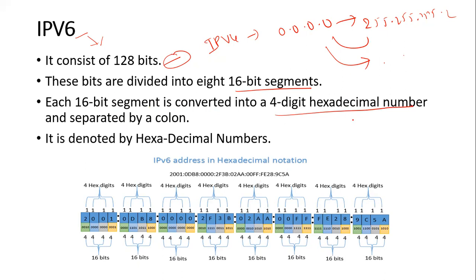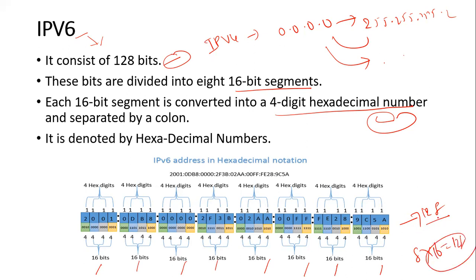So we can say IPv6 is denoted by hexadecimal notation. We have a total of 128 bits, divided into 8 segments: 1, 2, 3, 4, 5, 6, 7, 8. 8 into 16 is 128.